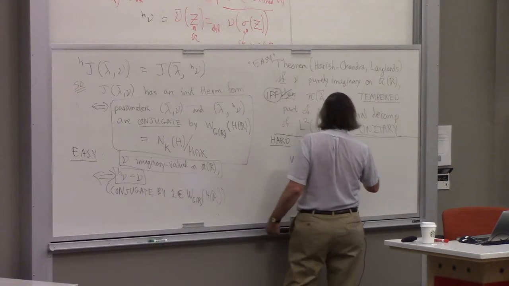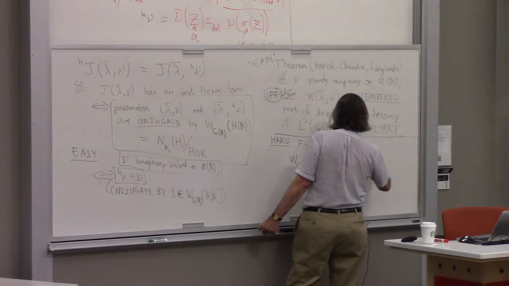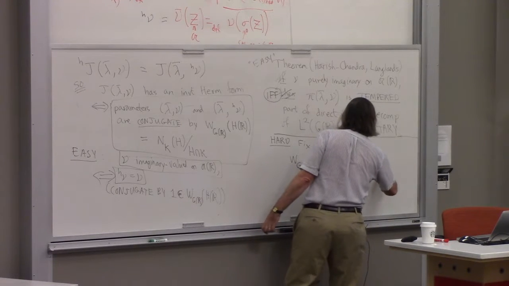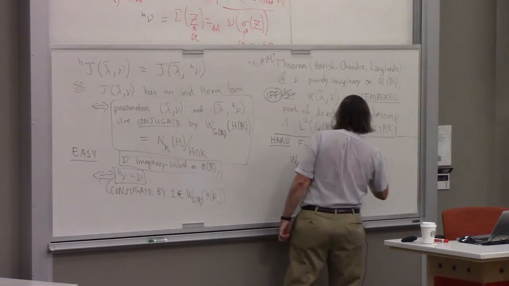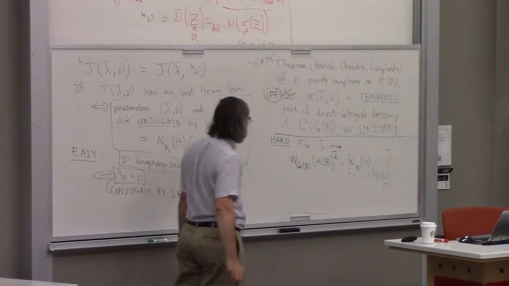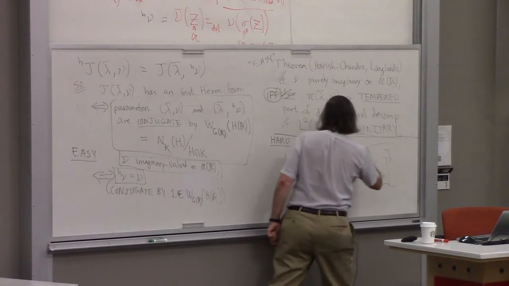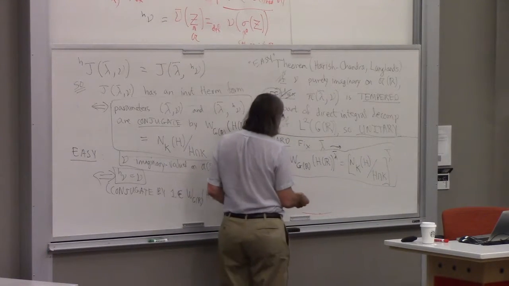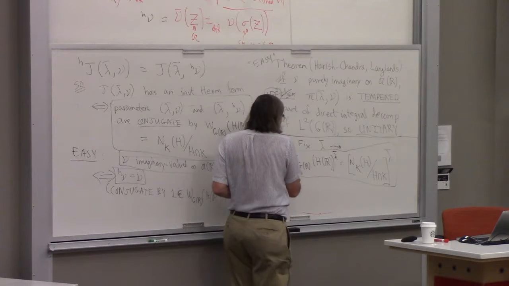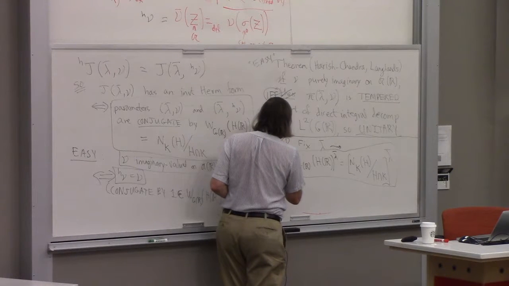Well, it's the same thing as this normalizer in K of H divided by H intersection K. And I mean, this is some subgroup of a Weyl group.